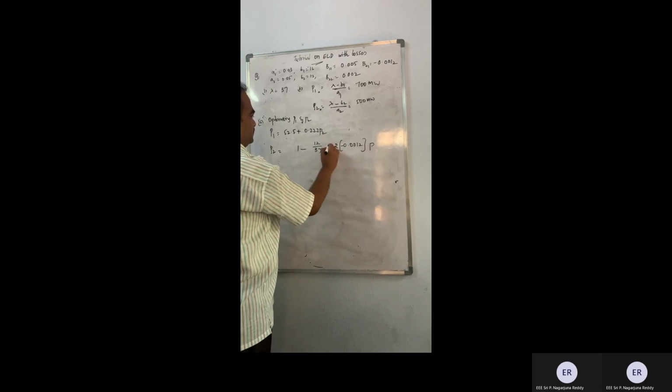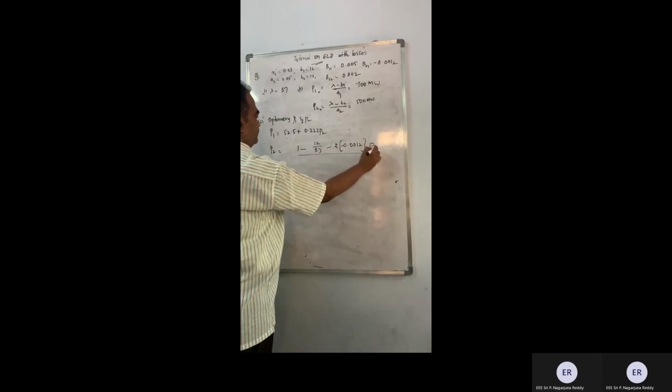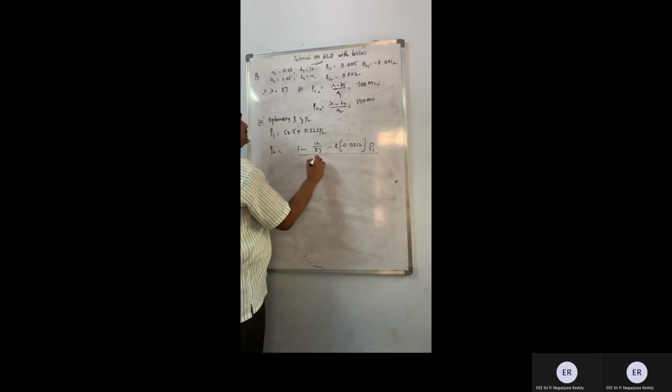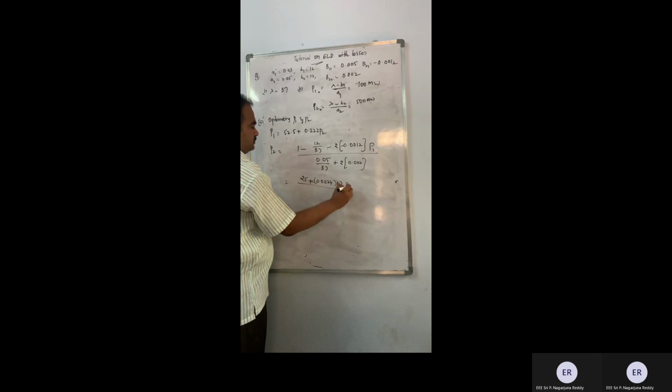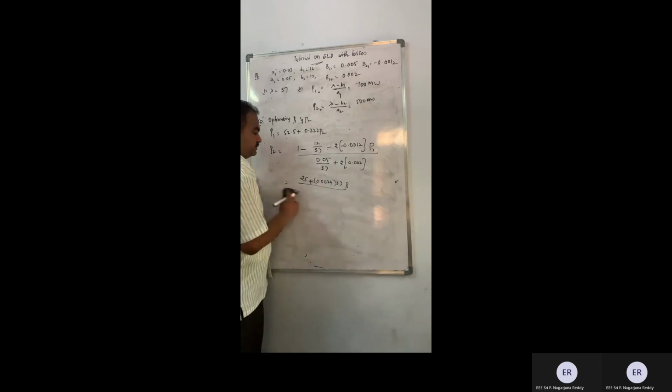This is P1, A1 by lambda, it is A2 by lambda. 0.19.